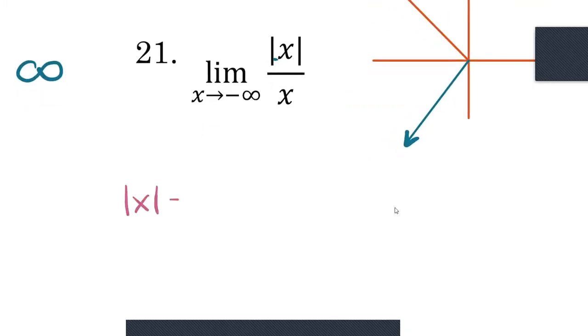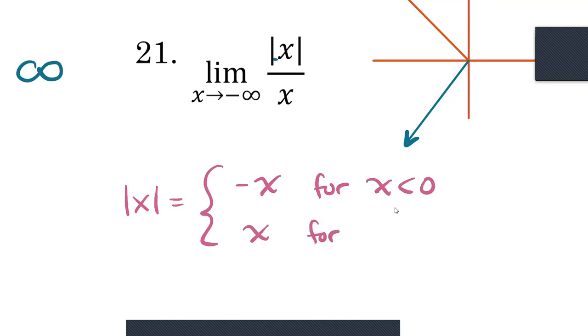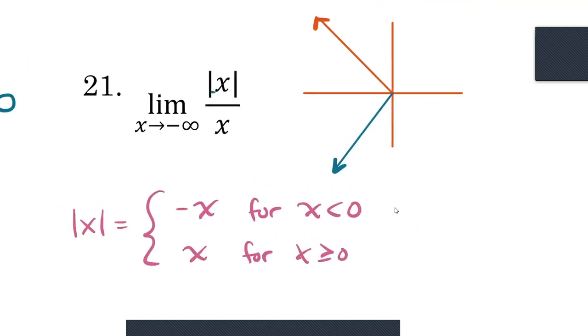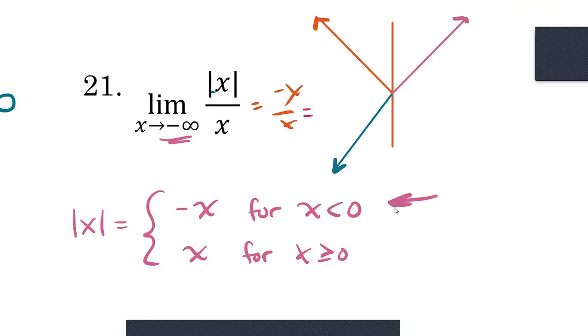So the absolute value is -x for x less than 0, and it's positive x for x greater than or equal to 0. Basically it says that the absolute value is a line with a slope of 1 or -1, depending on which quadrant it's in. So if we're going off towards negative infinity, we know that this function is acting like negative x. So this is like saying negative x over x. These functions co-dominate. They have the same powers. So negative x over x is going to be -1. That's what our limit is going to be.